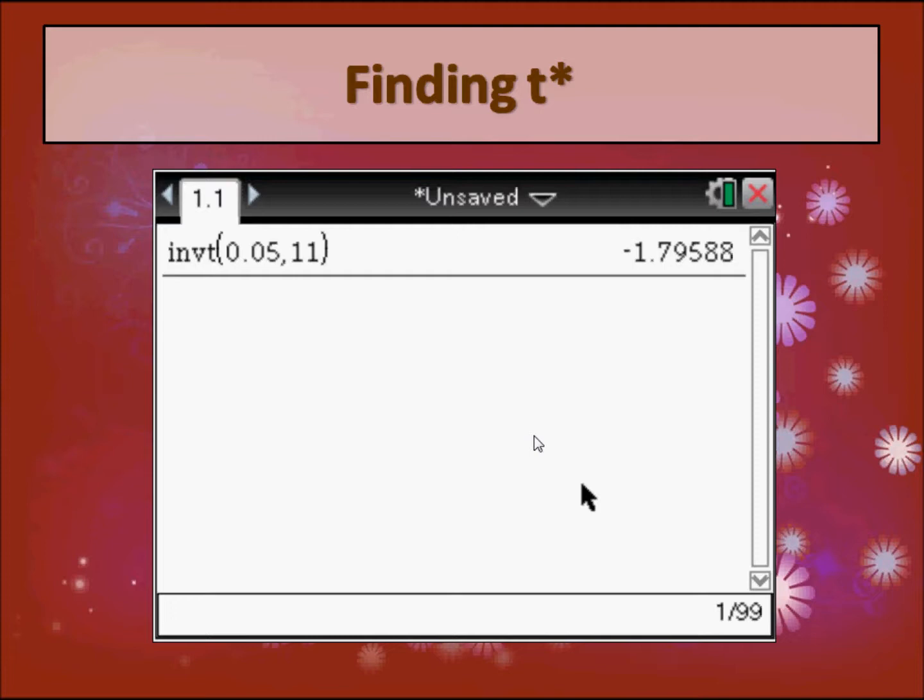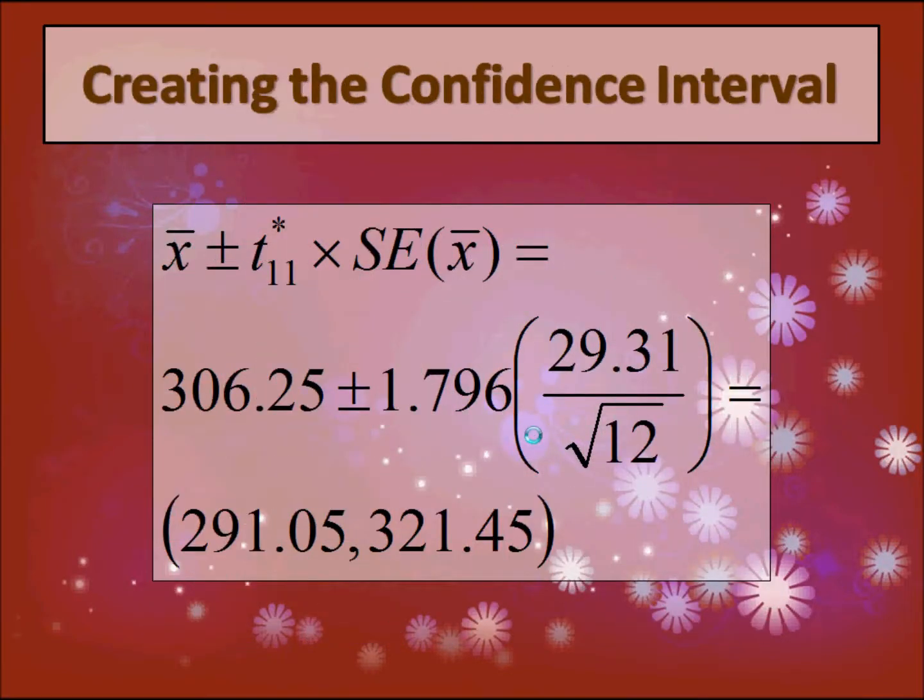So now I can plug everything in. I know my x bar, the mean of my sample, was 306.25. My t star is 1.796. That's what I got from my calculator. Standard error is sample standard deviation, which was 29.31, divided by the square root of the sample size, which in this case was 12.